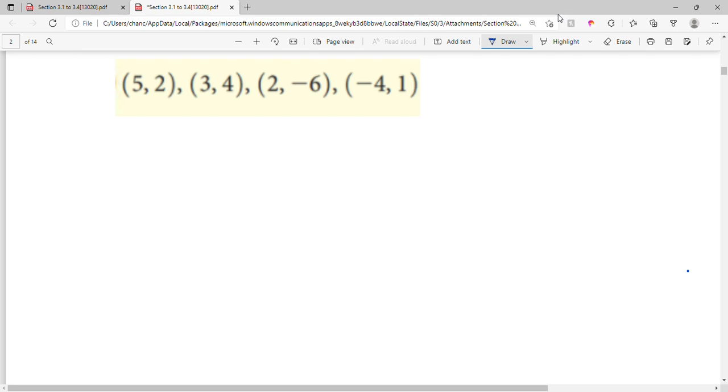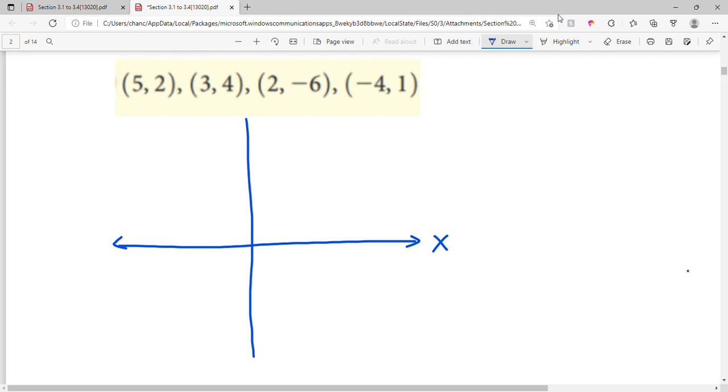Let's draw our Cartesian plane. The horizontal axis is known as the x-axis, and the vertical axis is known as the y-axis. The first point is (5, 2). I like to label it as x and y, so we know how to graph these points.